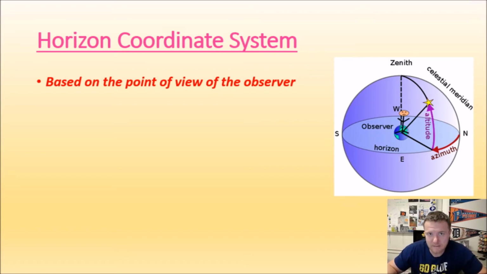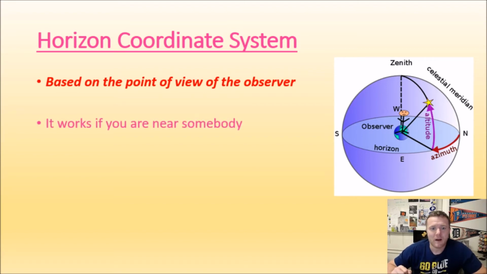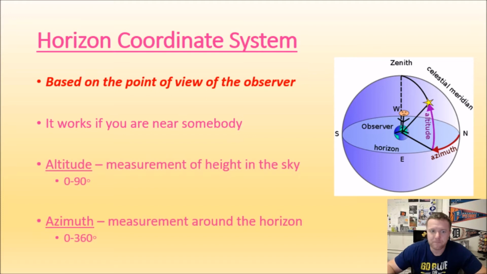If you're not next to somebody, there's a huge problem and it doesn't work at all. So it works when you're next to somebody because you have the same horizon, but if you're not next to somebody, there's no point in using it because it is completely unfunctioning in that respect. And I'll get into why in just a minute.